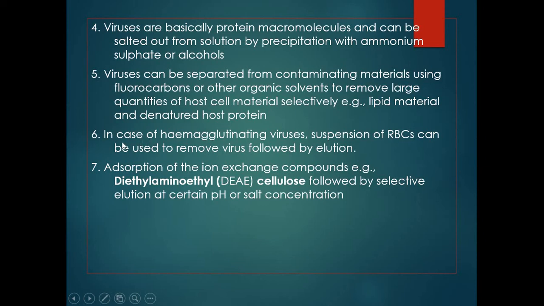In the case of hemagglutinating viruses, a suspension of RBC can be used to remove the virus, followed by elution, meaning the cleaning process. Another method used is called the chromatography method.